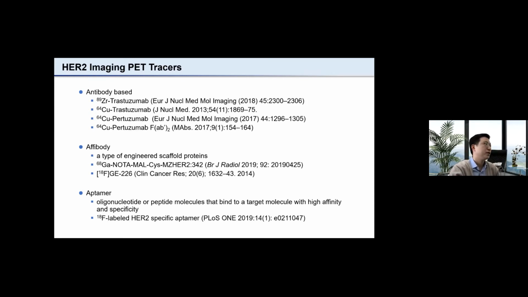So we have to obtain the image at least 1 or 2 days after the injection. So that is one limitation of the antibody-based tracer, but still it has very nice affinity to HER2, which has been confirmed for a long time. So the image quality looks better than the newly developed Affibody or aptamer, from my point of view.